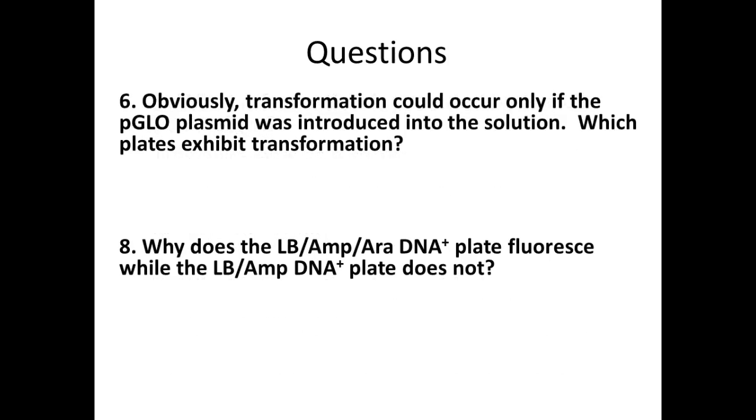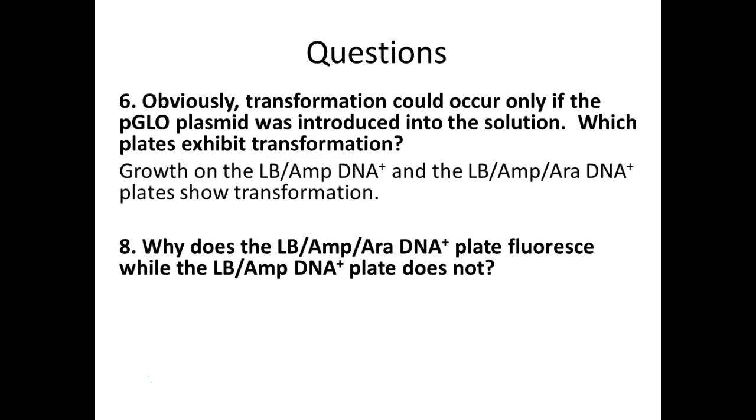So obviously transformation could only occur if the pGLO plasmid is introduced into the solution. So which plates are going to exhibit transformation? Our DNA positive plates. So our LB ampicillin DNA positive plate will grow.